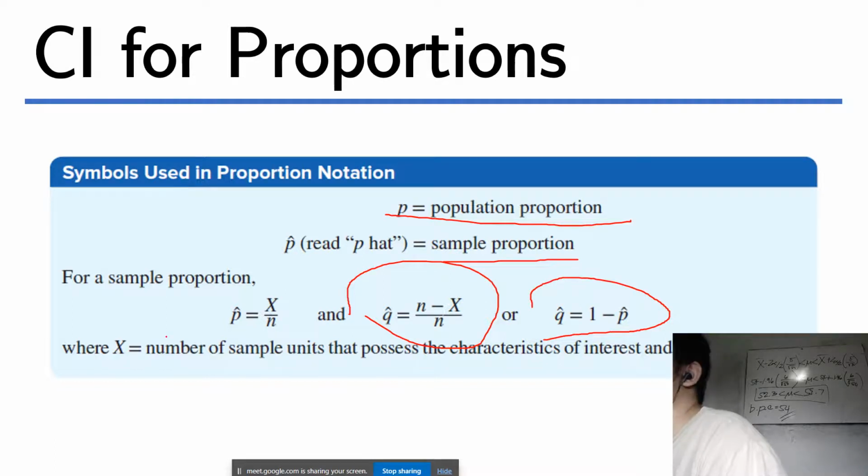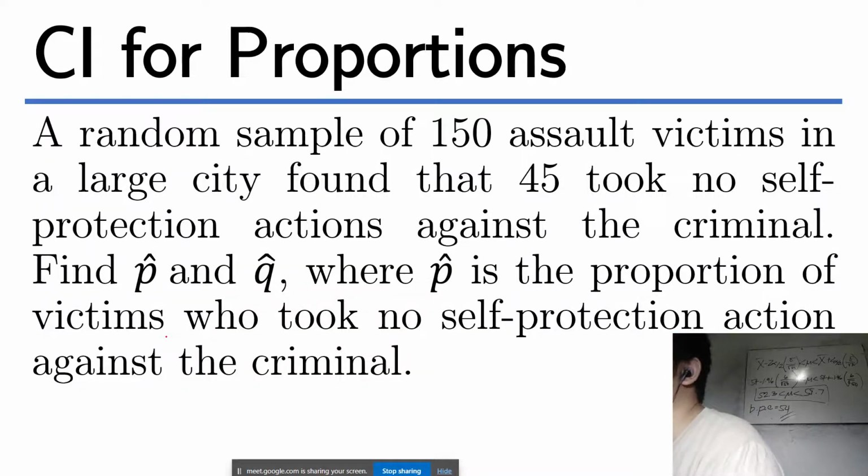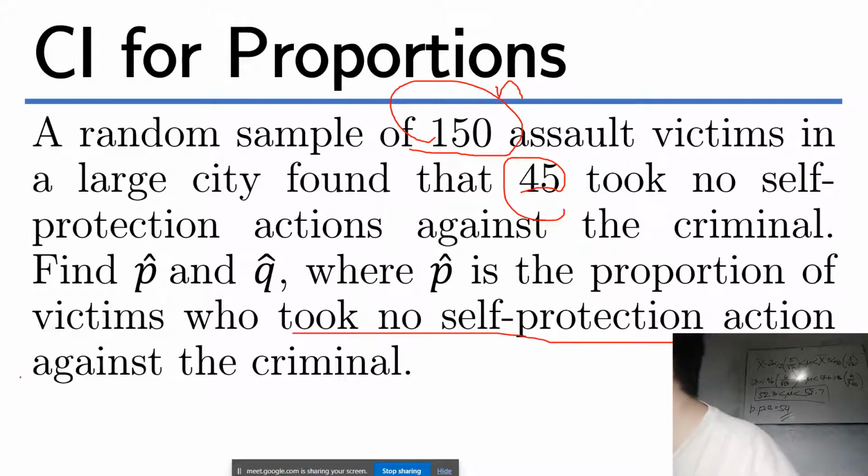X is yung number of sample units that possess the characteristic of interest and n equals sample size. Ano ibig sabihin nito? Oh, example. Ito yung n. Oh, naalala yung ginagawa natin last meeting sa discrete probability distribution?